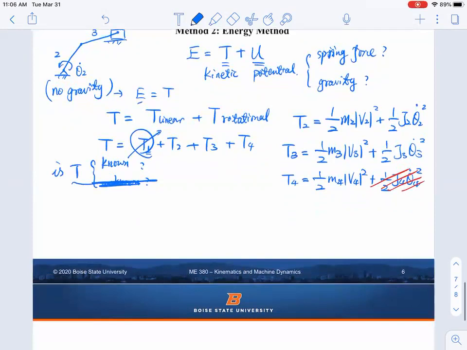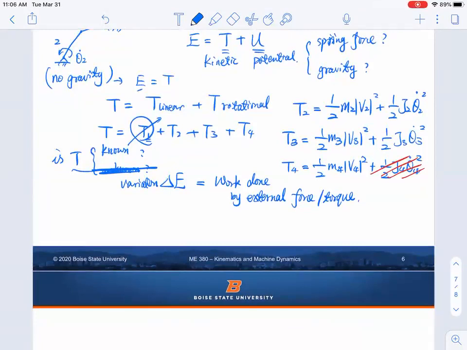So that means the variation of your energy equals the work done by external force, or torque, I should say. If you want to change the total energy of your system, you have to do some work.